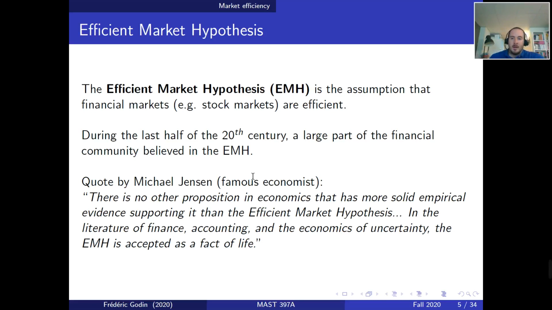The efficient market hypothesis, EMH, is the assumption that financial markets, for example stock markets, are efficient. By efficiency, we'll have a few versions of the definition in the next few slides. But right now we'll stick with the vague definition.